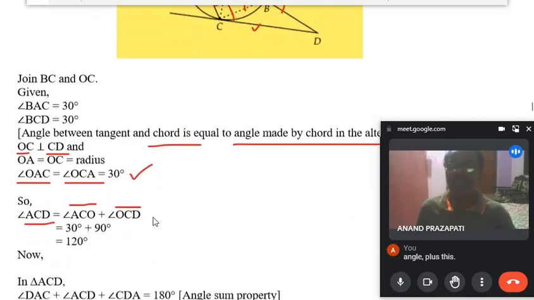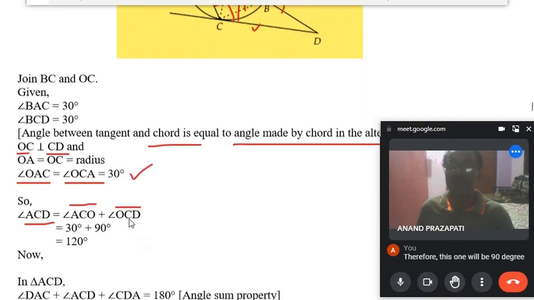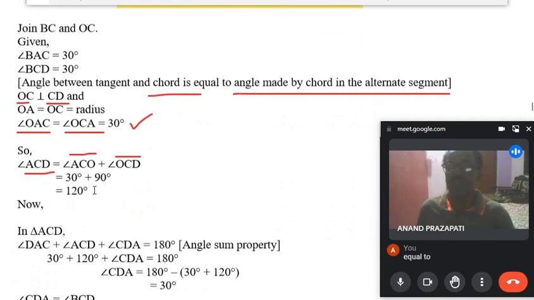So ACO plus OCD, this is 90 degrees and this is 30 degrees. Therefore, this one will be 90 degrees plus 30 degrees equal to 120 degrees. There is no problem to understand up to this step.